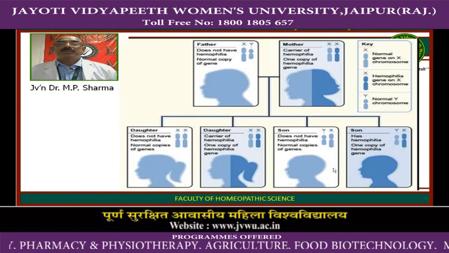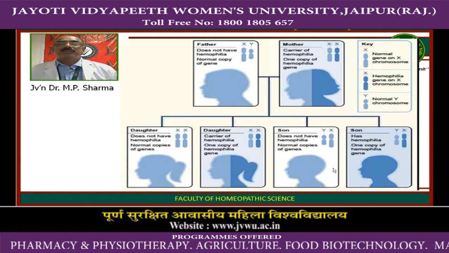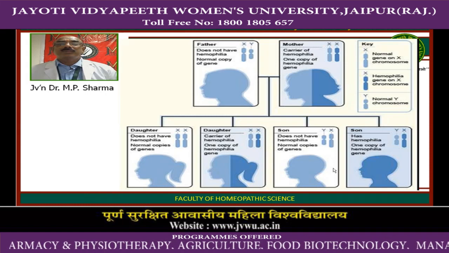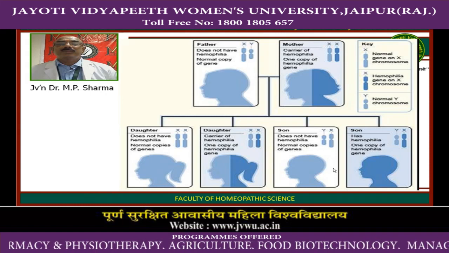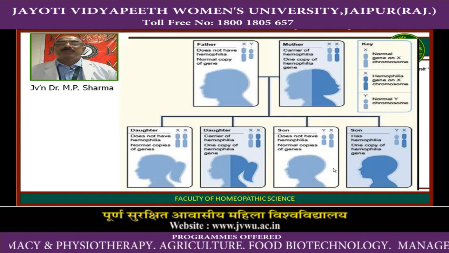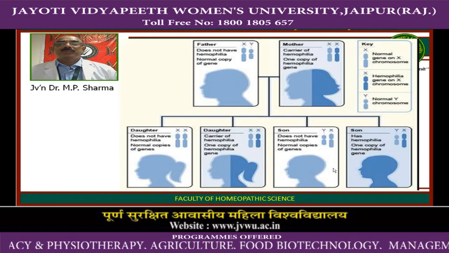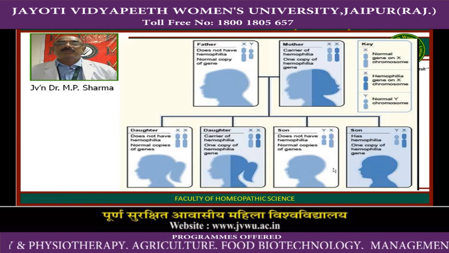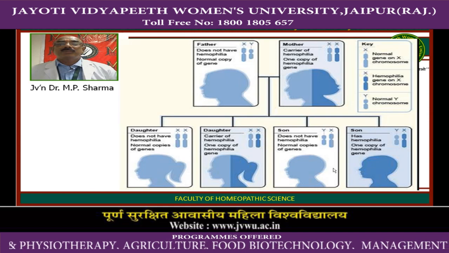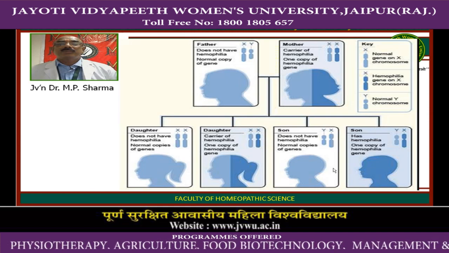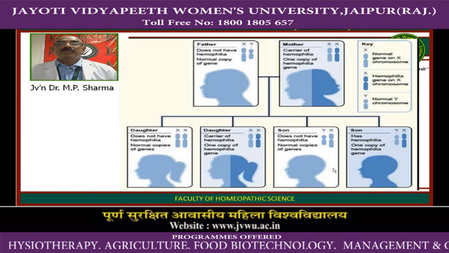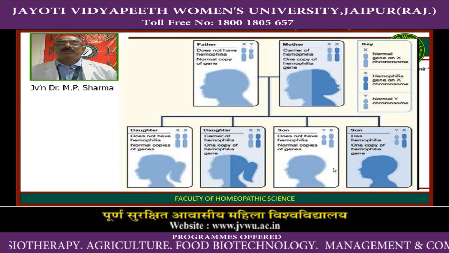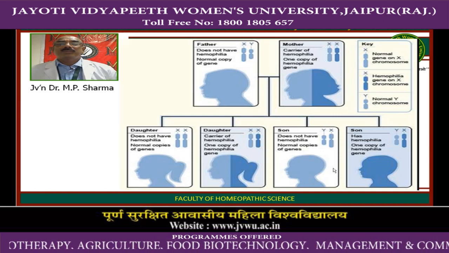Now see the diagram, see the pictures, the father and mother. The father does not have hemophilia, a normal copy of the gene, and the mother is a carrier of hemophilia, 1 copy of the hemophilia gene. So the key is: normal gene on X chromosome, whereas hemophilia gene on X chromosome, and normal Y chromosome.